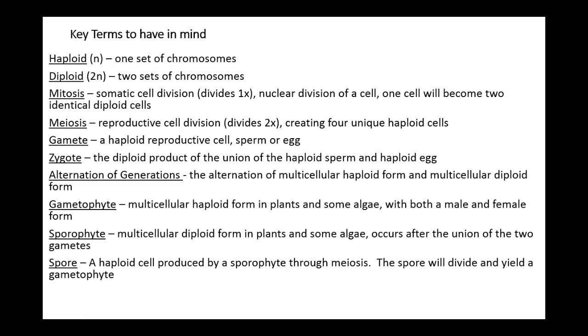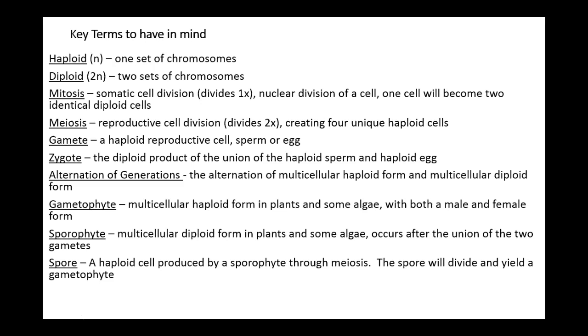And then a diploid is the 2N, two sets of chromosomes. So you have two pair of the same number chromosome, and that two pair generally line up, match up with regard to their DNA, but there can be some variances because of diversity.